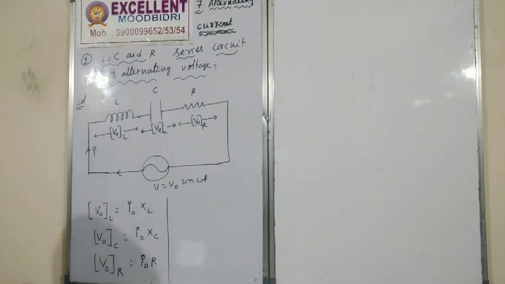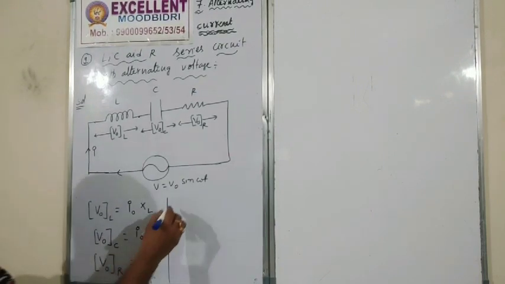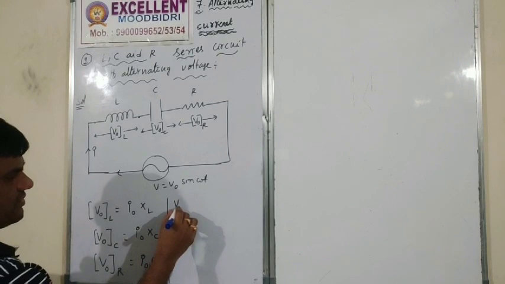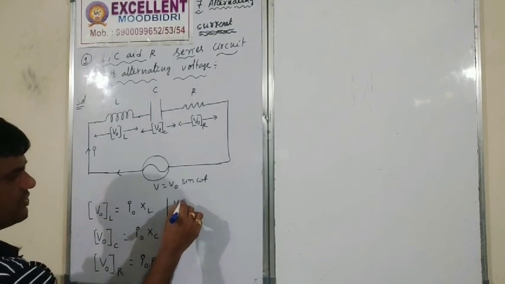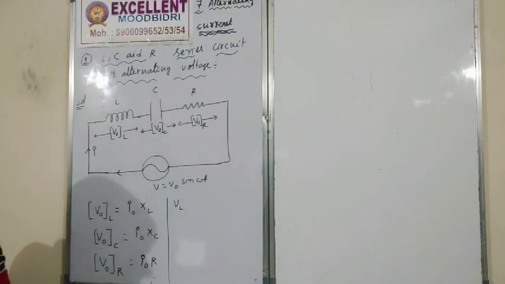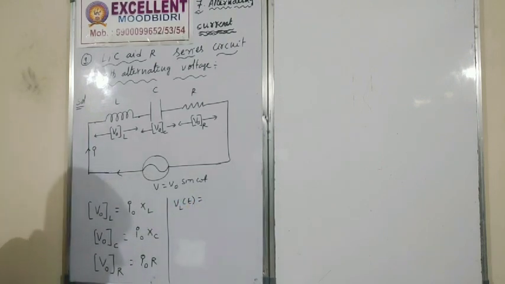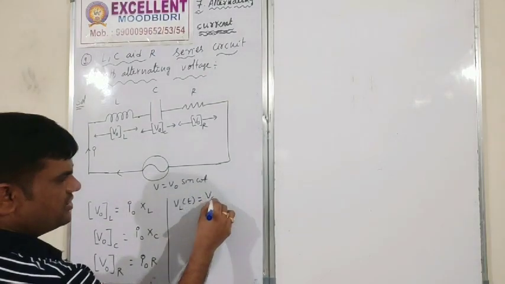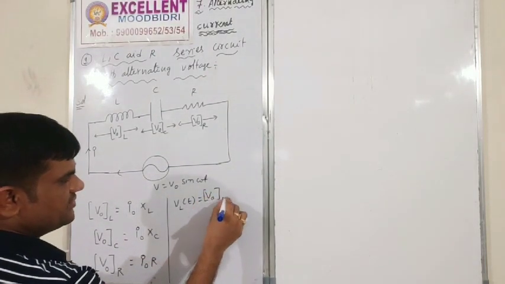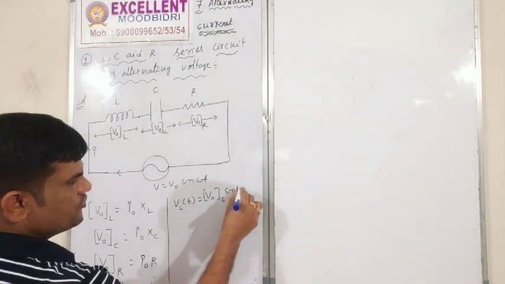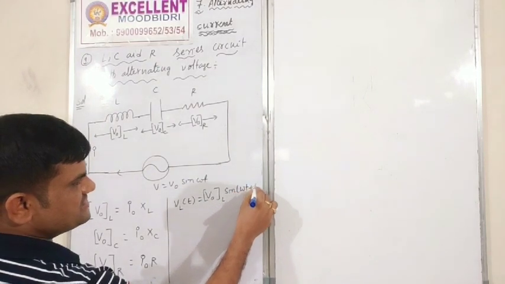The next observation is VL with respect to time. We can write the formula V naught L into sine omega t plus pi by 2.